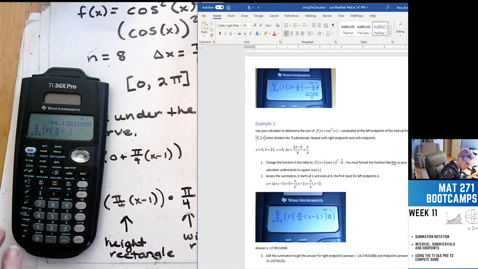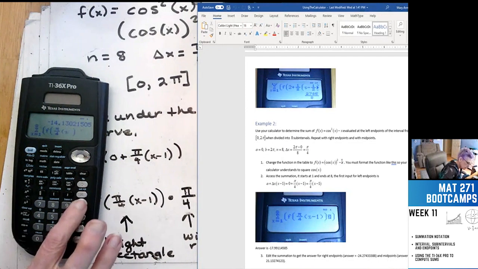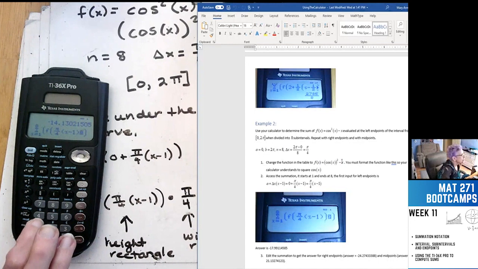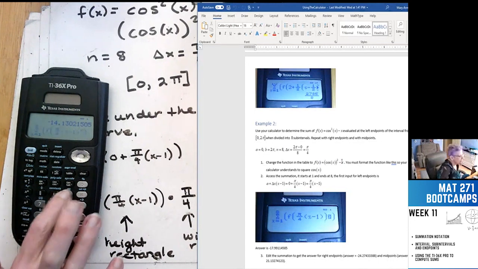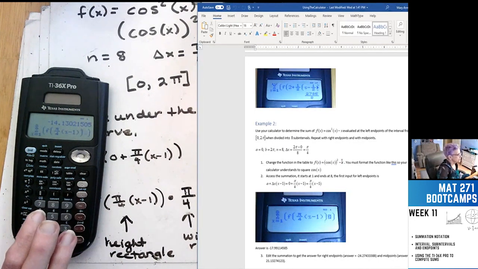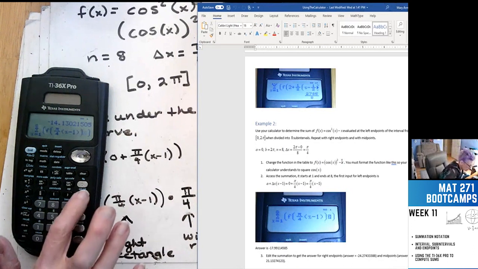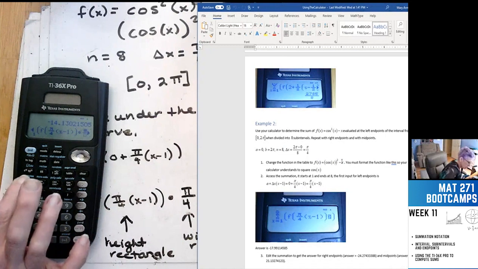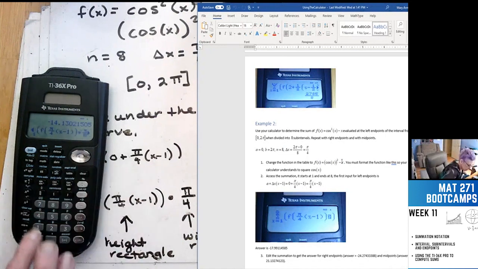Open up a set of parentheses, x minus 1, close x minus 1's parentheses, close the f parentheses, times fraction pi over 4.